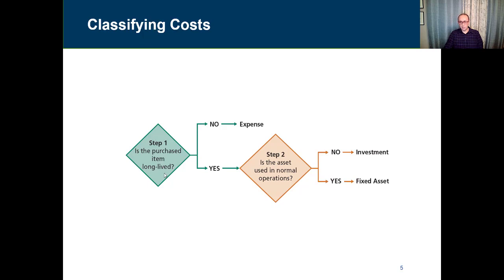In other words, is the expenditure related to a long-lived item? If it's no, then we just expense it. If it's yes, then we head to the second question. Is the asset used in normal operations? If it's yes, then we record it as a fixed asset, or we can call it property, plant, and equipment. If it's no, then we record it as an investment.